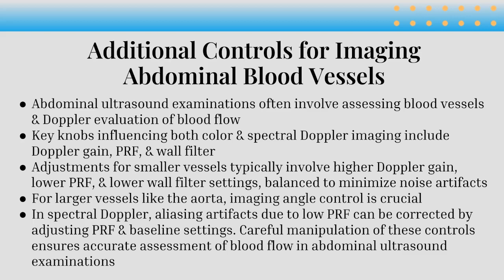For larger vessels like the aorta, imaging angle control is crucial. In spectral Doppler, aliasing artifacts due to low PRF can be corrected by adjusting PRF and baseline settings. Careful manipulation of these controls ensures accurate assessment of blood flow in abdominal ultrasound examinations.